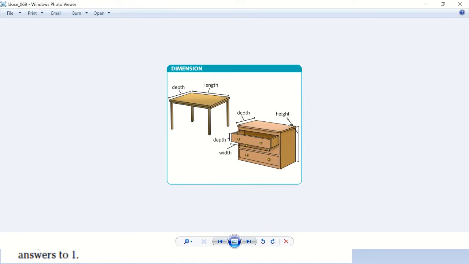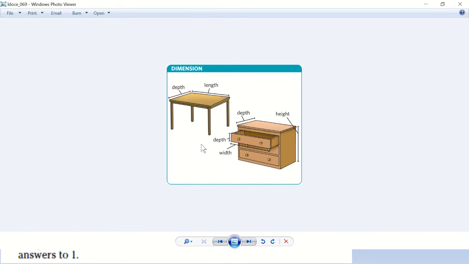Okay, these are the dimensions. We have height. What do you mean by height? The distance from this point to this point. This is height. The distance from this point to this point is length. The distance from this point to this point, as you can see inside the box, is the depth.